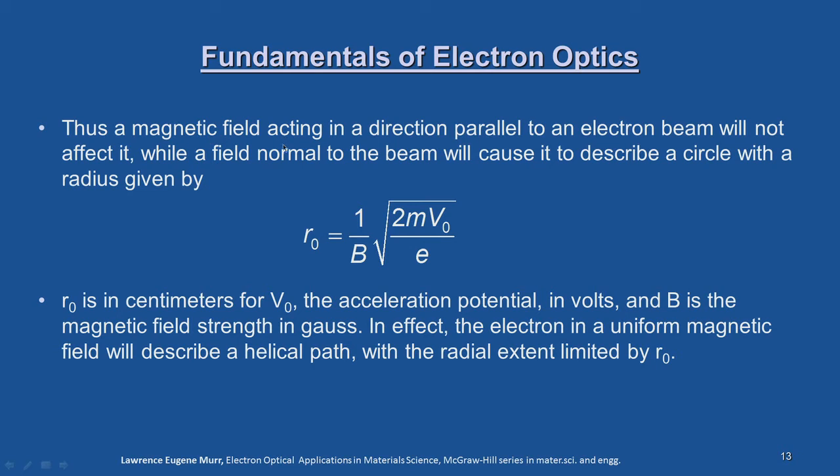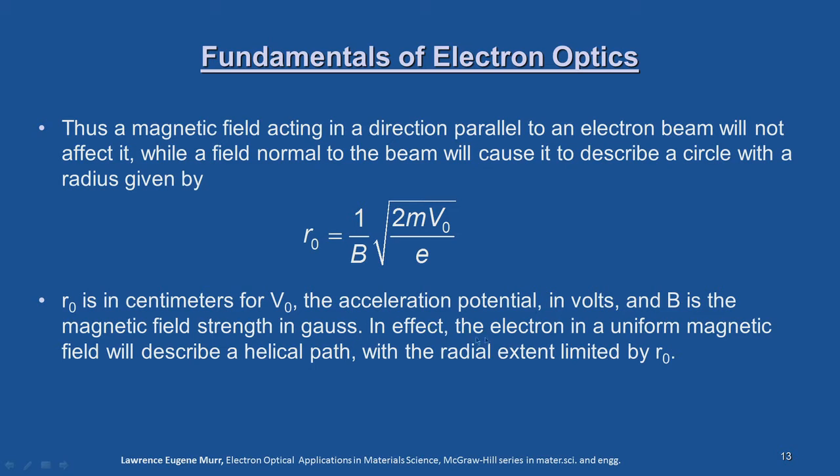Thus, a magnetic field acting in a direction parallel to an electron beam will not affect it, while a field normal to the beam will cause it to describe a circle with the radius given by r naught equal to 1 by B square root of 2 m V naught divided by e, where r naught is in centimeters for V naught, the acceleration potential in volts, and B is the magnetic field strength in Gauss.